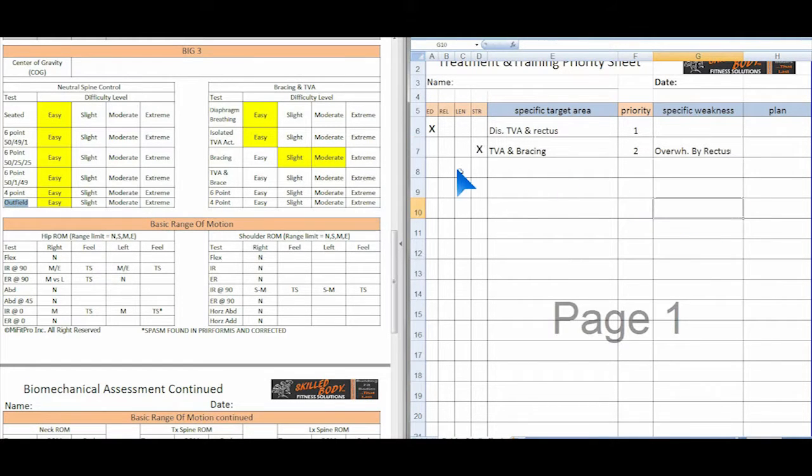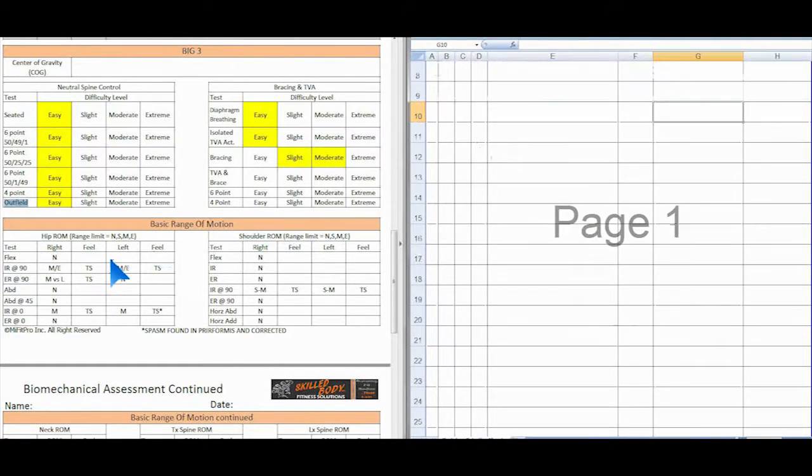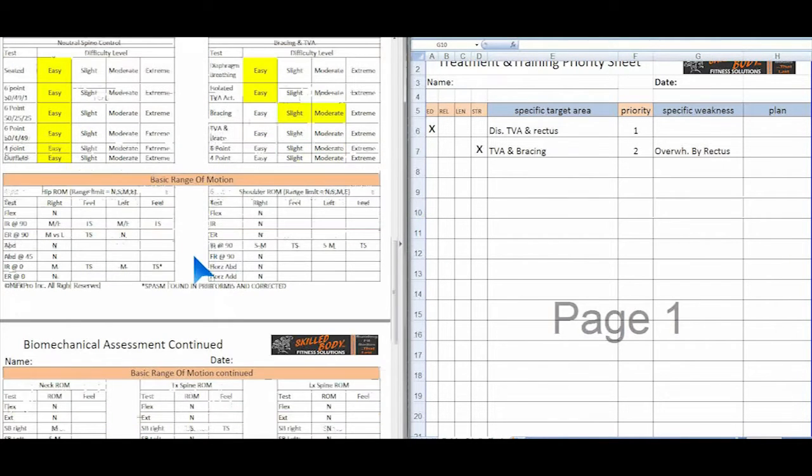Okay. Then we're going to move on to range of motion. This is where we're looking at release and lengthen stuff for Eric. So his internal rotation at 90 degrees is moderately to extremely limited with both legs. So right away we're going to release and lengthen, because we'll do stuff and we'll give him stuff.